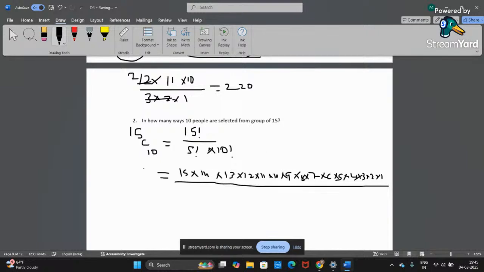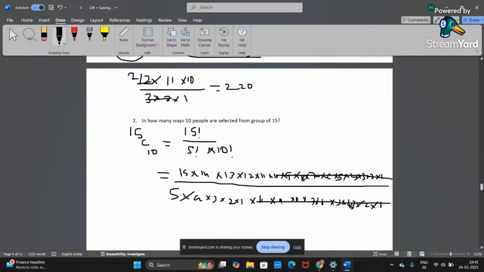This takes a lot of time, right? Then 5, 4, 3, 2, 1 into 10, 9, 8, 7, 6, 5, 4, 3, 2, 1. Let's simplify. This 10 factorial and this 10 factorial will get cancelled.